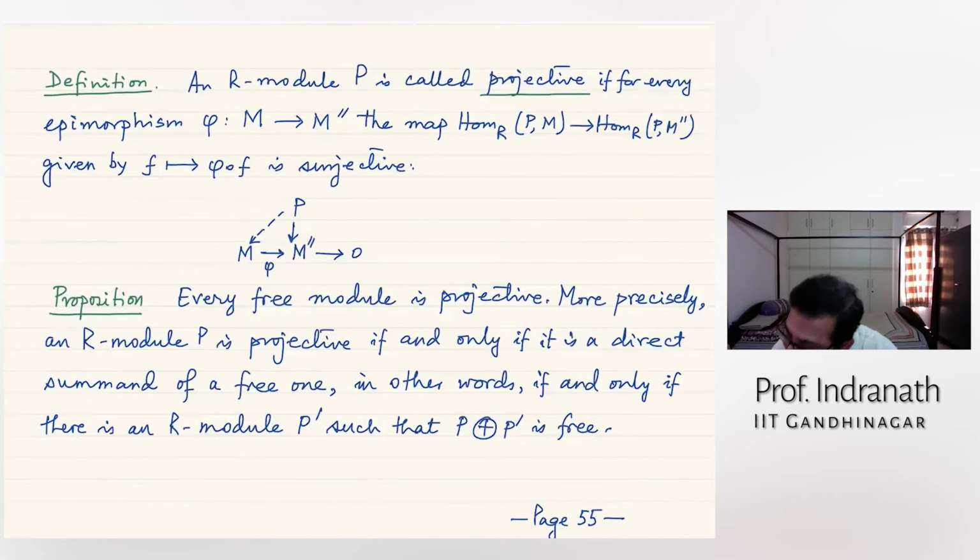I think I have just mixed up the arrow here. From P to M double dash, you have from P to M, isn't it? So let me correct it. Wait a minute. So that was correct, I think.